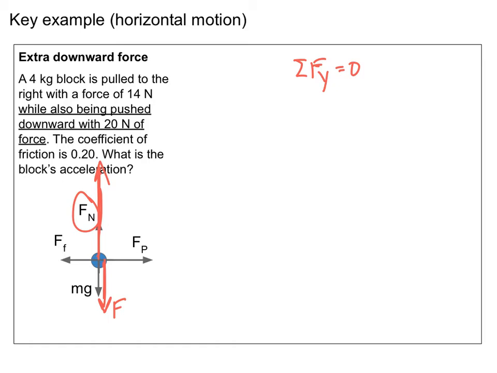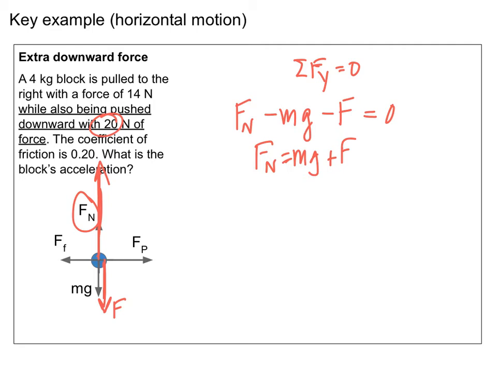And so in this case, my normal force minus mg minus this extra force that's being applied has to equal 0. Or my normal force is going to be mg plus F. My extra 20 newtons pushing down.